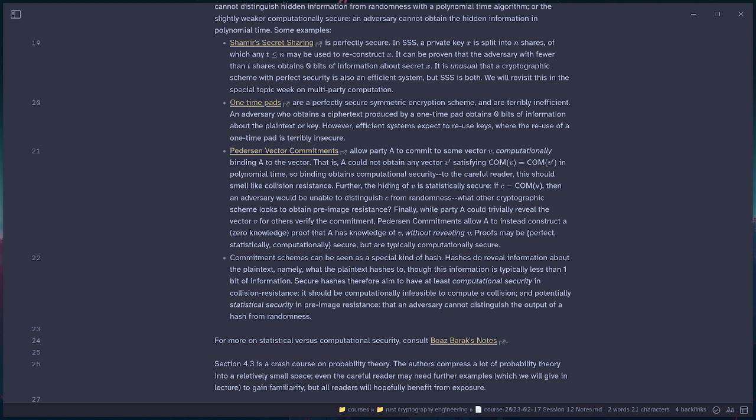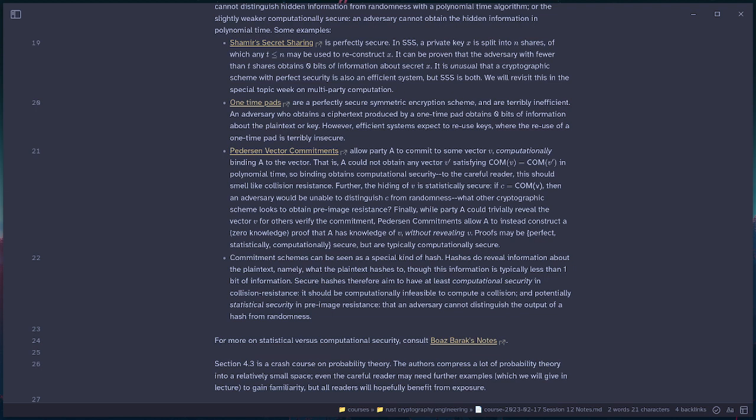So a secure commitment scheme, and equivalently a secure hash function, would be statistically secure, in that an adversary would not be able to distinguish the output of the hash function from pure randomness. But even if the adversary could distinguish the output from randomness, but still could not obtain the actual preimage, we could say that the hash function in question was computationally secure.